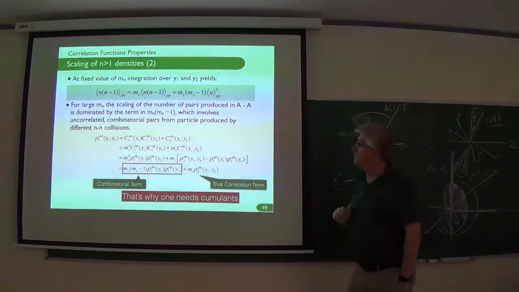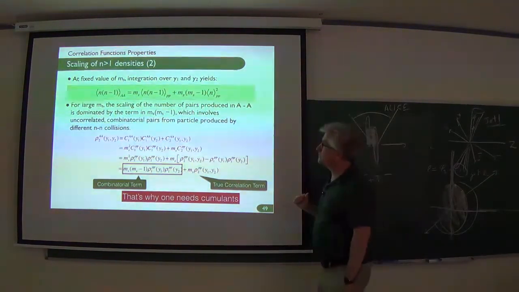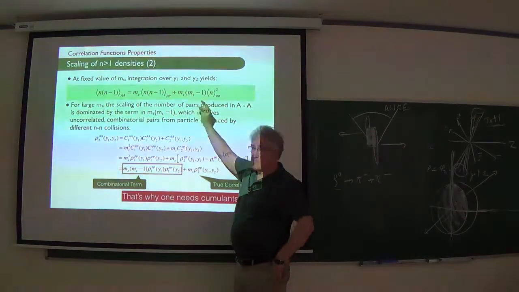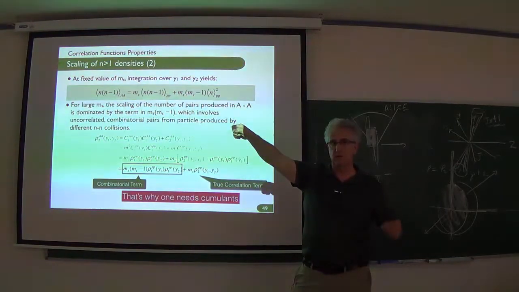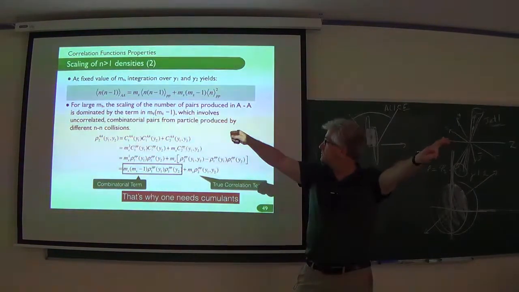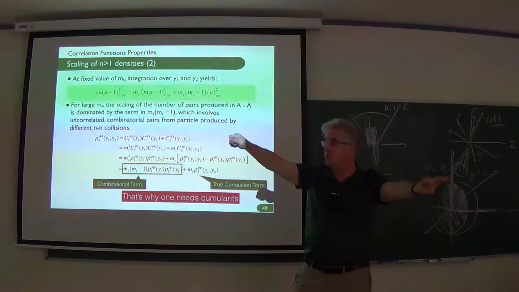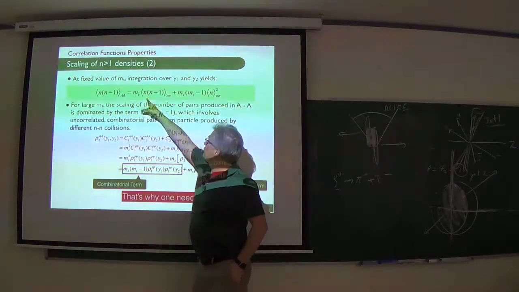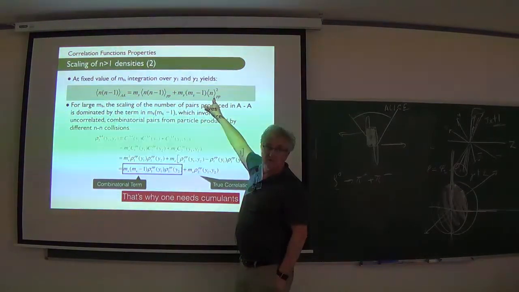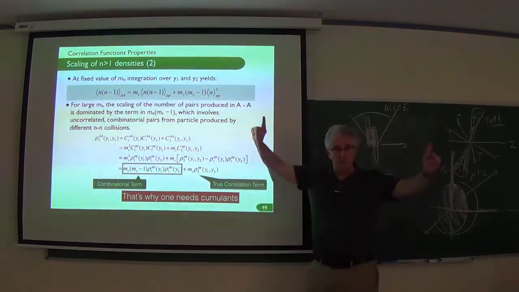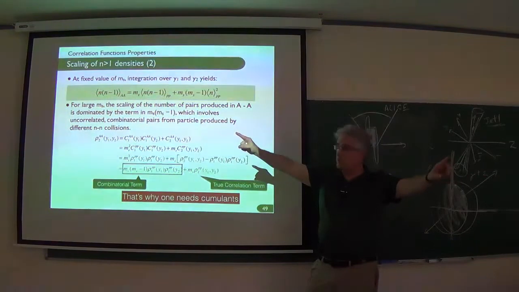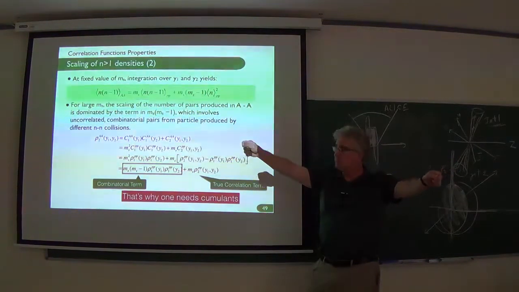What complicates the matter here is that when I look at pairs, I can see one particle from one source and another particle from another source. Right? These being uncorrelated, this factorial moment then factorizes and it gives me a square of the number of particles in PP. How many ways can I generate this pair?